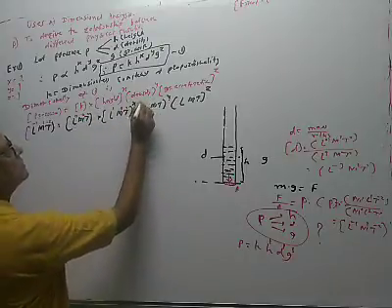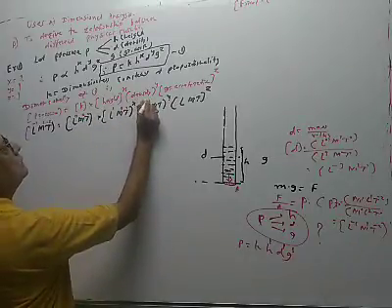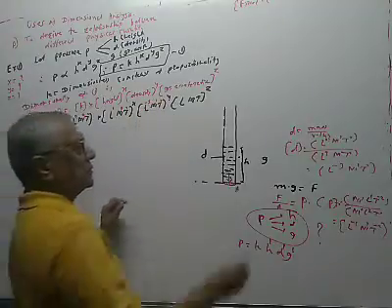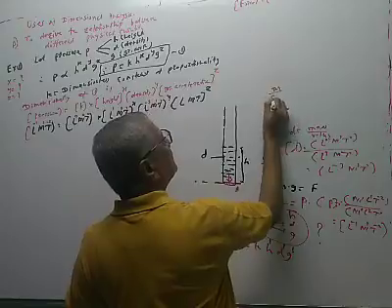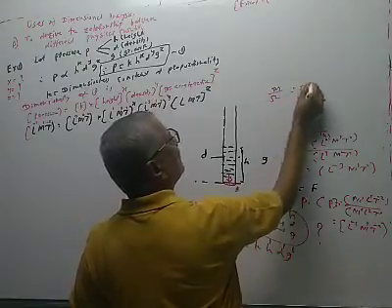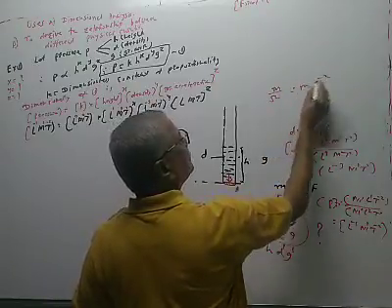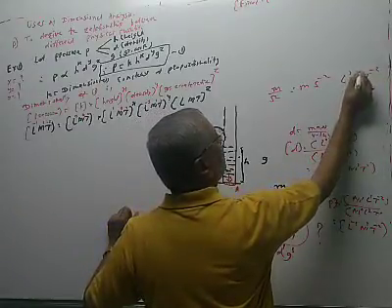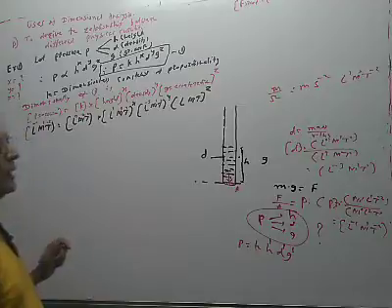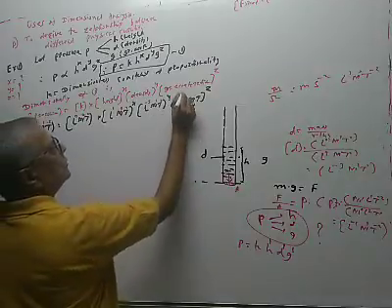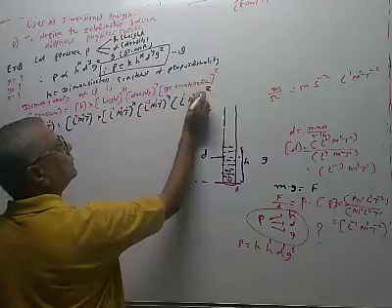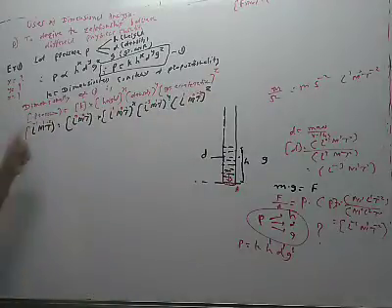And gravitational acceleration has unit meter per second square, meter into second raised to minus 2. So L raised to 1, T raised to minus 2, and there is no kilogram. So the dimensions of acceleration are L raised to 1, M raised to 0, T raised to minus 2.